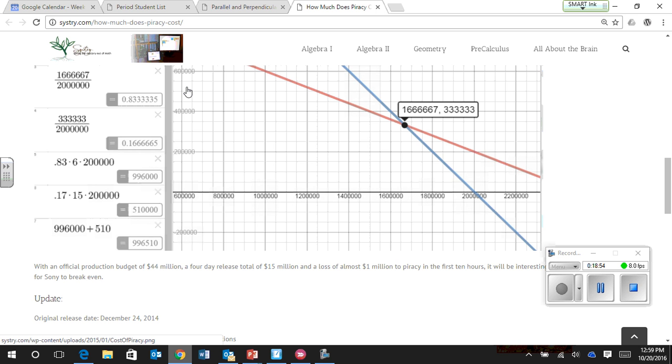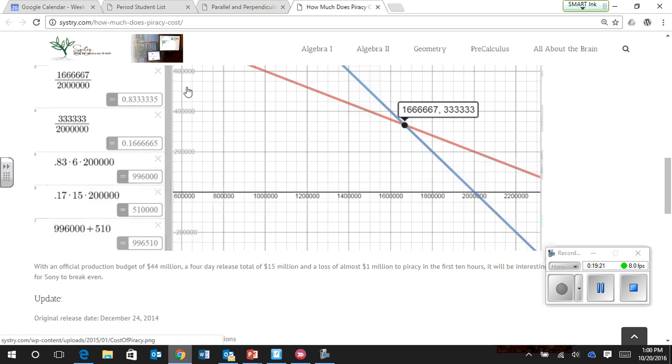And if I take my 83% of my total times the $6 that we would have gotten from rentals times the 200,000 people who stole from Sony, that would have been $996,000. So you add the two up, and it's $996,510 that they could have made in sales or rentals in that 10 hours.